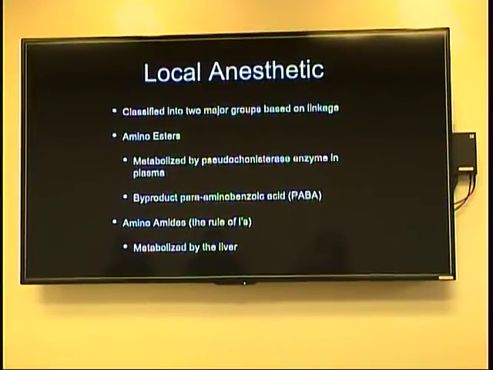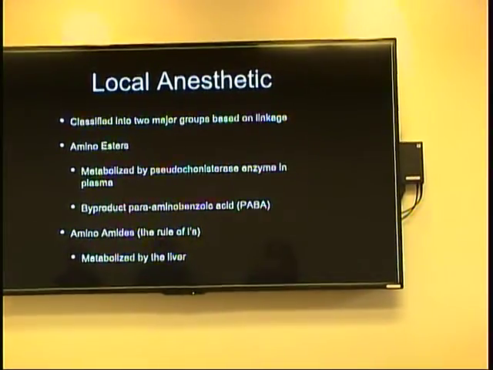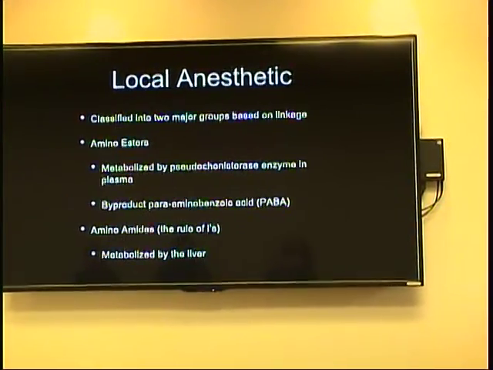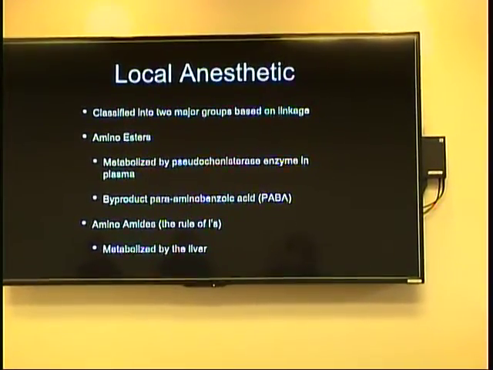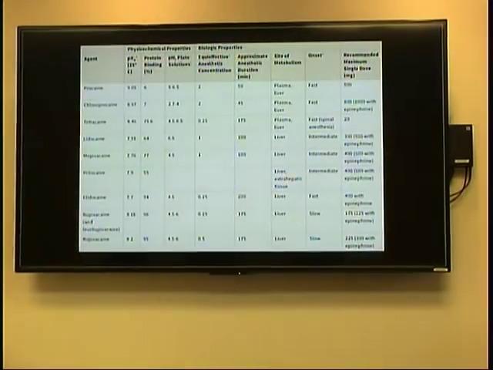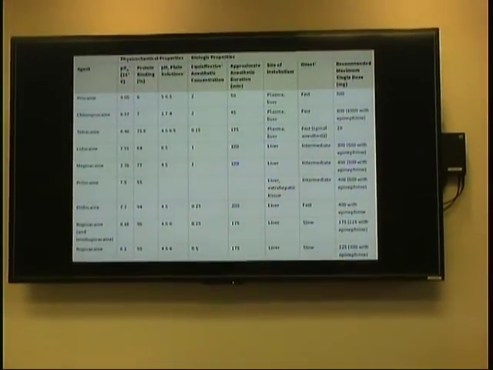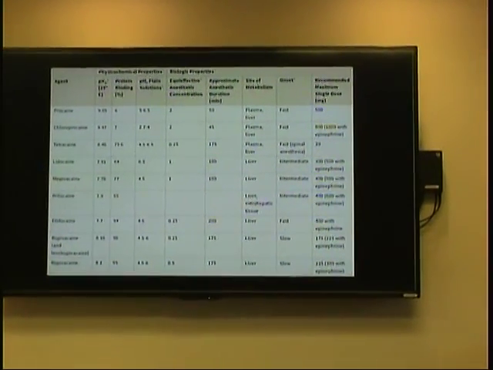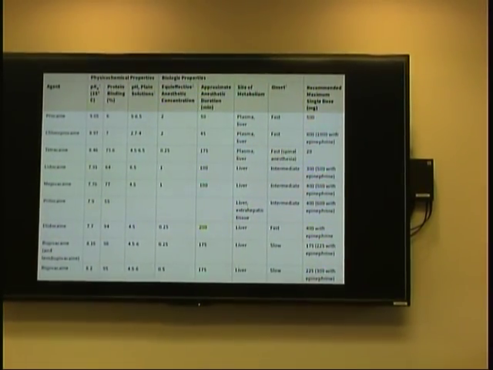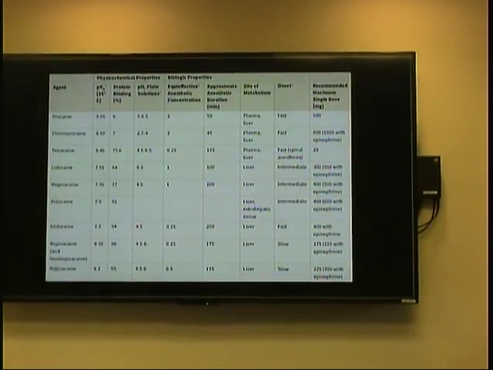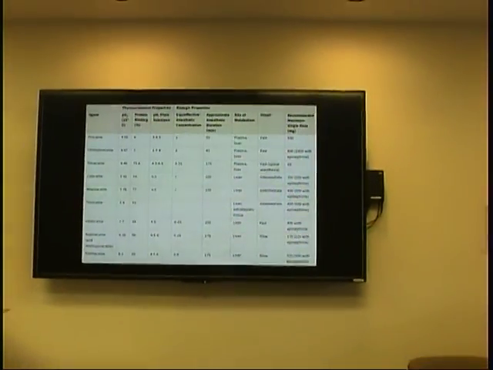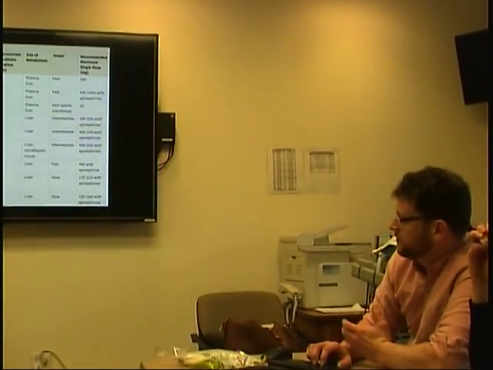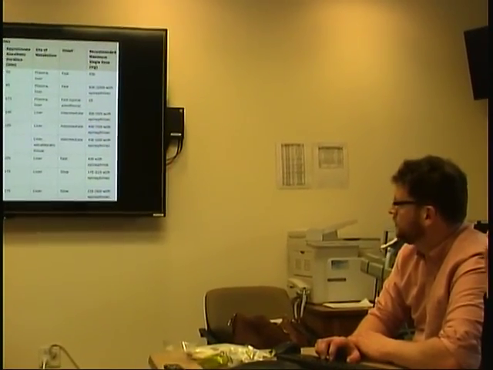If you're ever wondering how to know if it's an amino ester or amino amide, use the rule of I's: if the drug has two I's in its name, it's an amino amide. Chloroprocaine only has one I, so you know it's an amino ester. Lidocaine has two I's, so it's an amino amide. So anytime you think amino amide, think: is the liver working? Is it going to be able to break this down? Because that can play a role in how well a person can handle the local anesthetics.